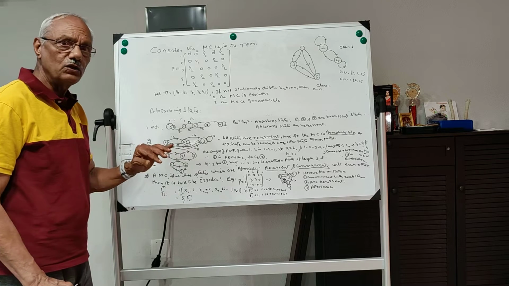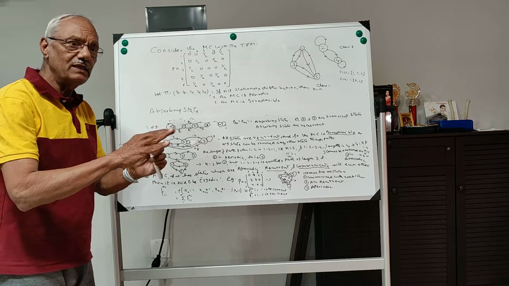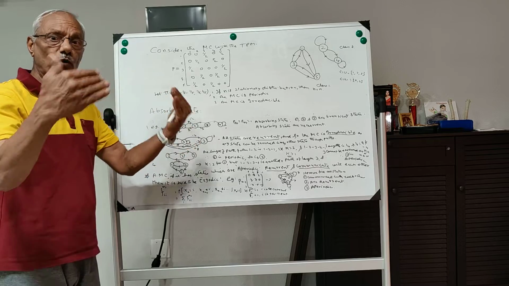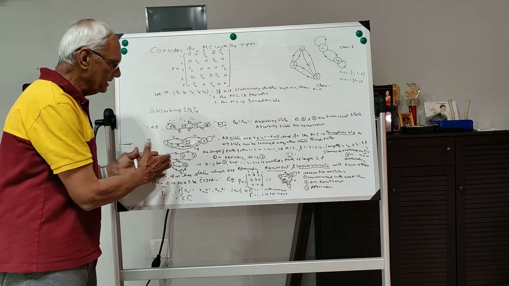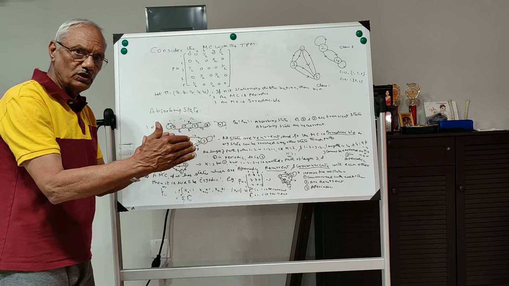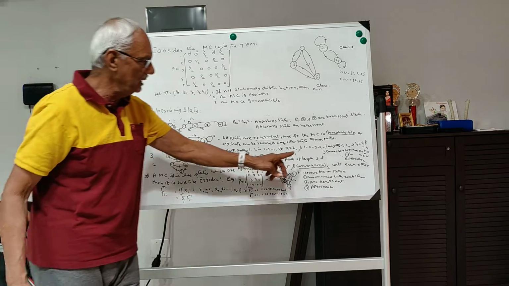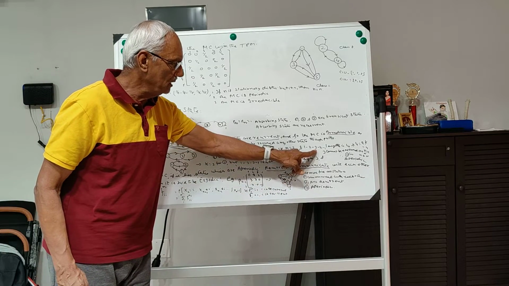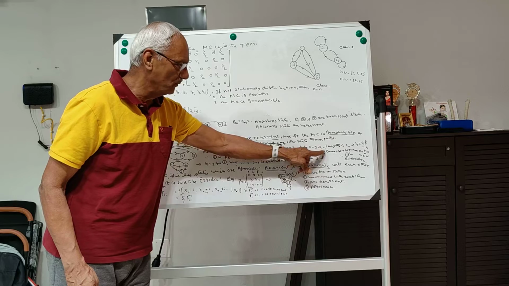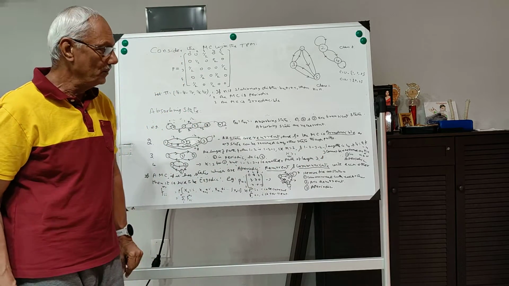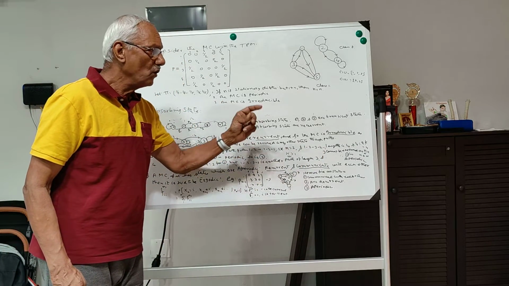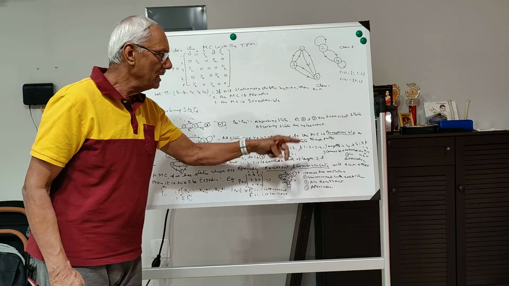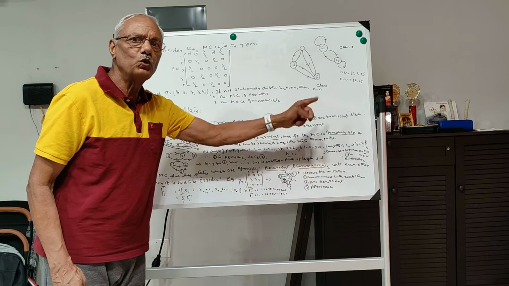Now go for calculating the length of all other possible paths. In this particular case, it is 1 to 2, 2 to 3, 3 to 2, 2 to 1. The length of this path is 4, and this length 4 can be expressed as 2 into k.